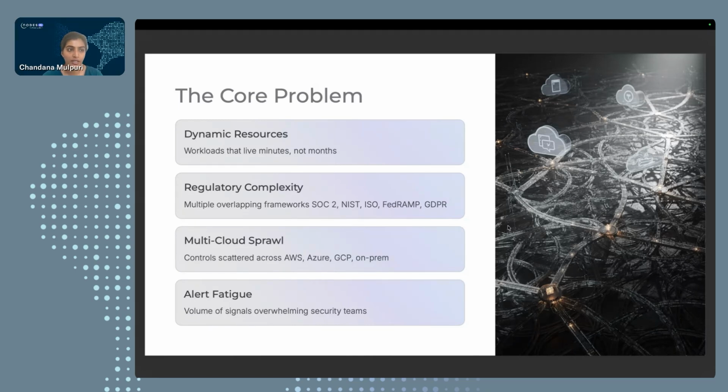We have set up alerts for a lot of things, and the large volume of signals is overwhelming to the security teams. Even though we have SEV 1, SEV 2, SEV 3, because of the volume of SEV 1s or SEV 2s, we don't know which is the most critical one because of the alert fatigue.